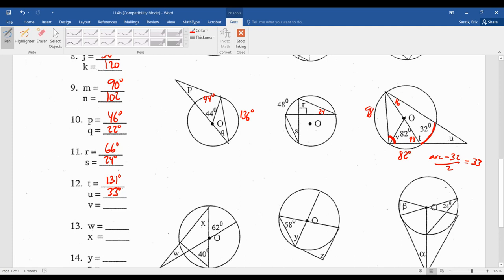Sorry, that was way longer. 49 is inscribed. That gives you that 98. And then I can add up these three, 98, 82, and 32. Subtract that from 360.